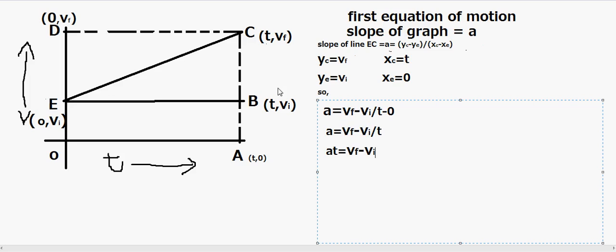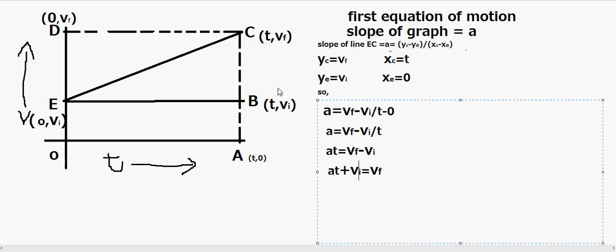After that we know that if Vi is moved from the right-hand side to the left-hand side of the equation, it will change its sign from minus to plus. So what we will have is Vf equals aT plus Vi.